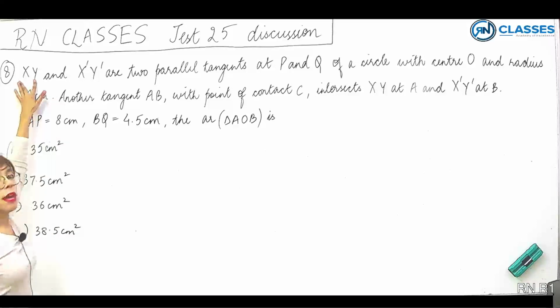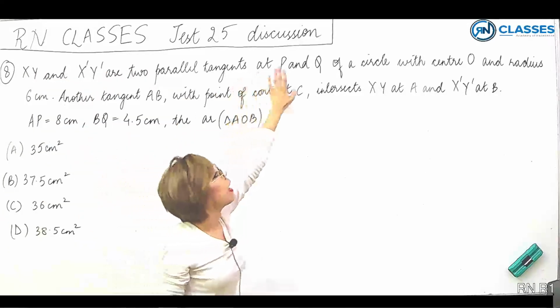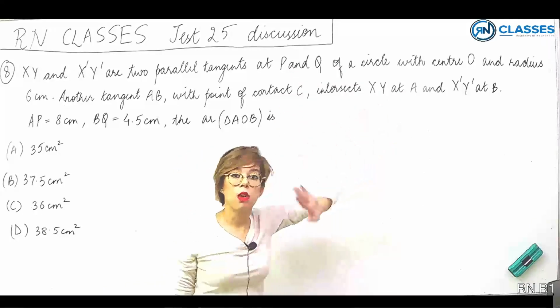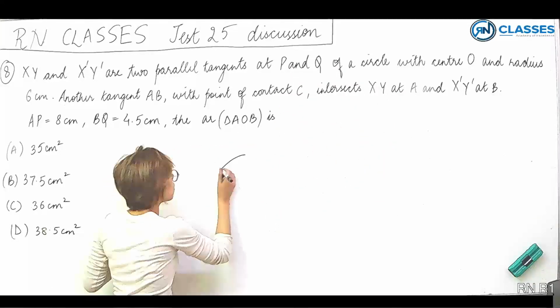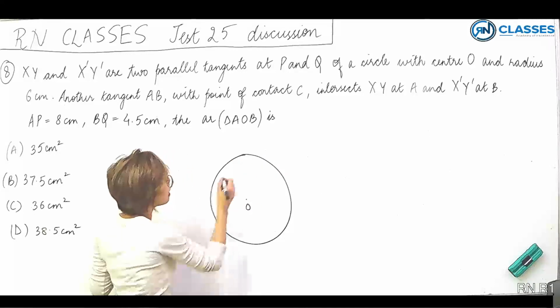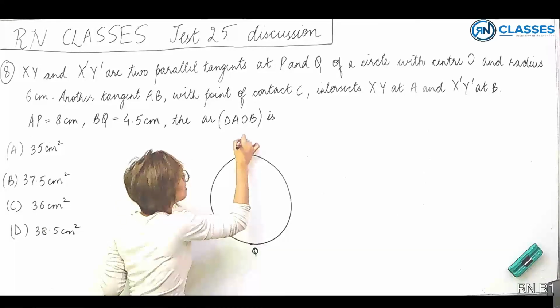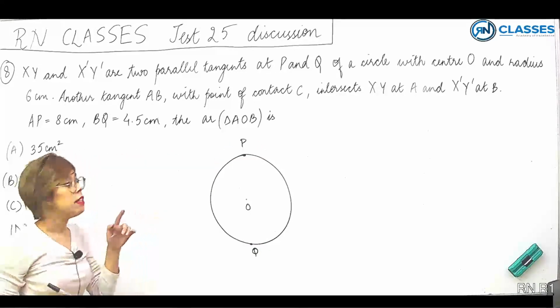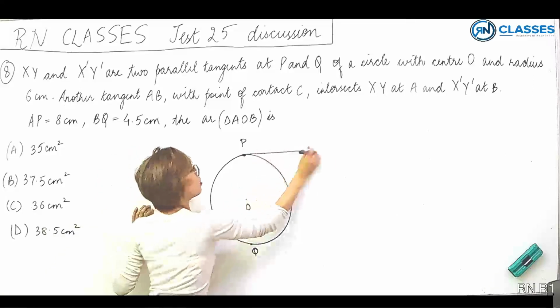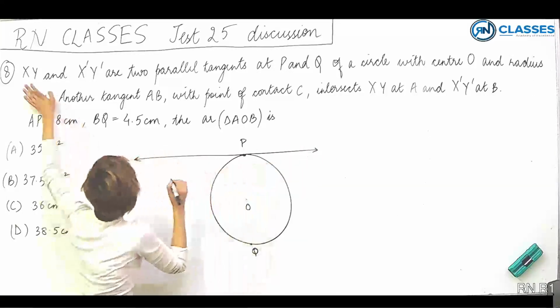He says xy and x dash y dash are two parallel tangents at P and Q of a circle with center O. Right, so we have a circle with center O. Right, and let's take point P here, suppose, and point Q here. Now I need to draw two parallel tangents. So obviously, suppose this is my first parallel tangent, and I will name this as xy.